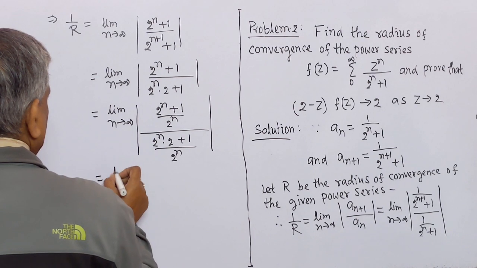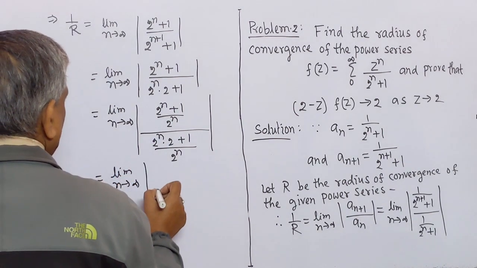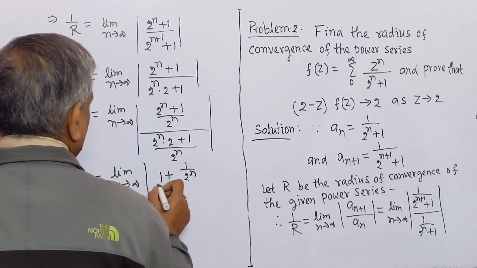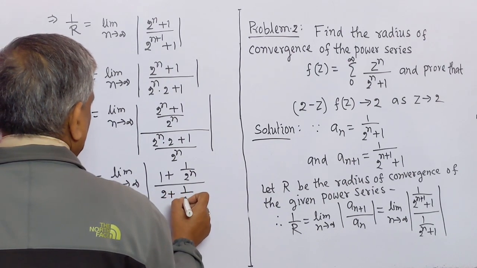This equal to limit n tends to infinity modulus 1 plus 1 by 2 to the power n by 2 plus 1 by 2 to the power n.